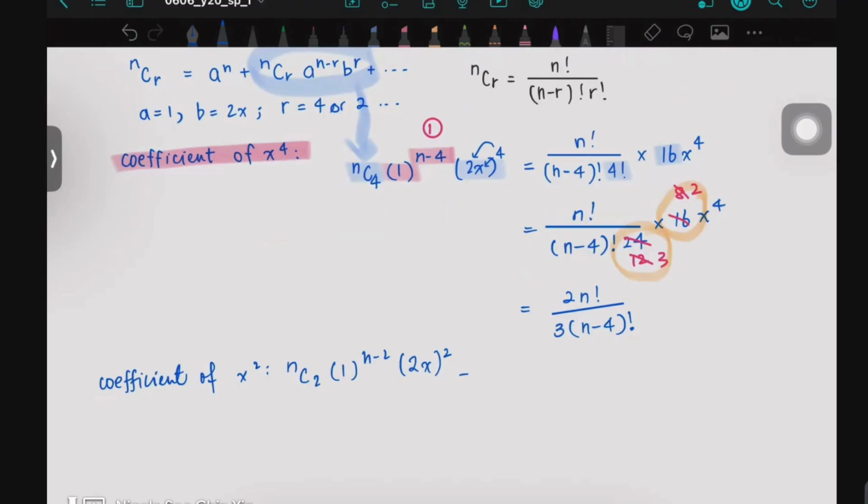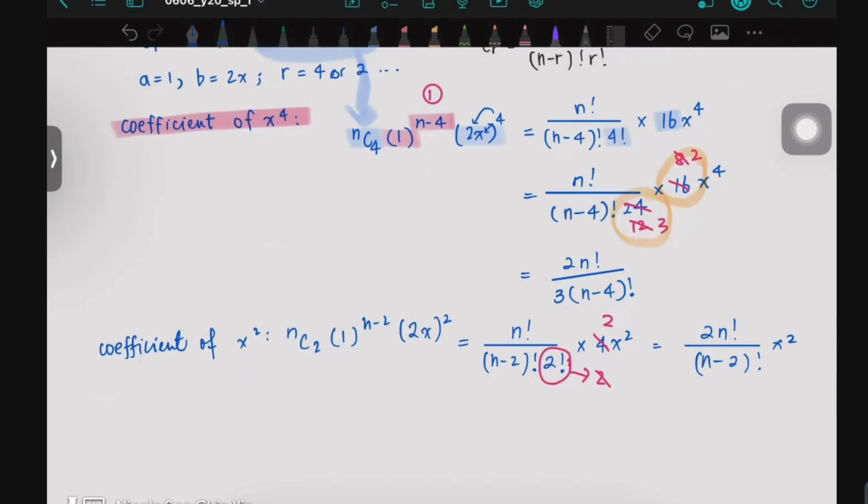Start to simplify. I will get n factorial over (n minus 2) factorial, and here I will get 2 factorial. Actually, 2 factorial also equals 2, multiplied by 4x squared. If I simplify, this one actually equals 2 also. Basically, I get 2n factorial over (n minus 2) factorial, x squared.